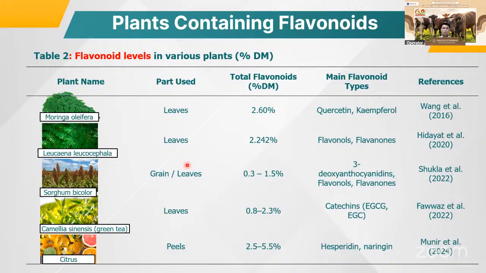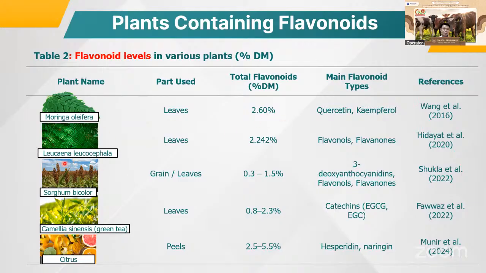So let's see some sources of bioactive compounds that we can find in the tropical area. I will start from flavonoid. Flavonoids can occur in leaf, grain, and some peel. For example, moringa, a tropical plant, contains flavonoid about 2.6%.